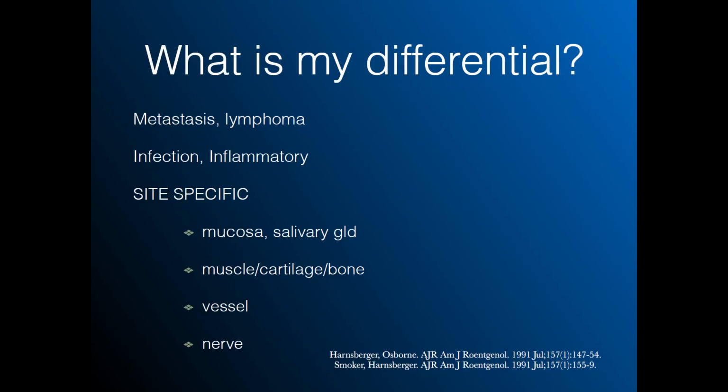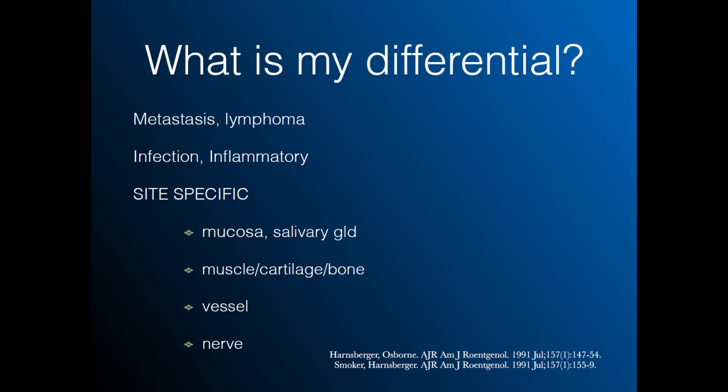So in the differentials of the neck, we have metastasis and lymphoma are so very common, and then infection and inflammatory things, and then there are site-specific things. Because of the mucosa, squamous cell cancer is really common in the head and neck. Squamous cell cancer is the most common cause of perineural spread, even though it's not the tumour that's more likely to cause perineural spread. It's just very common.